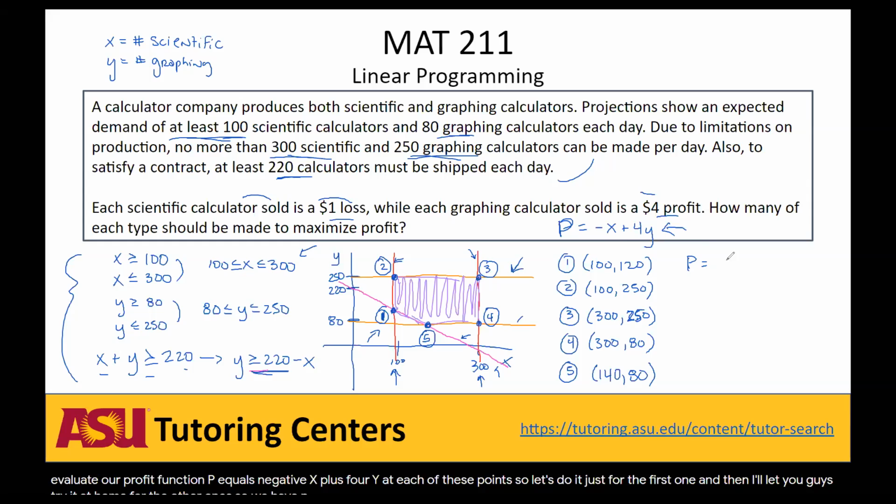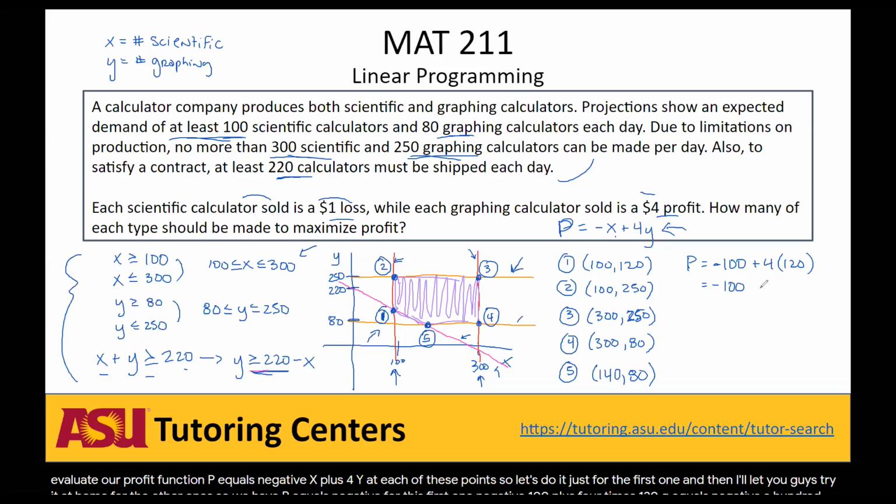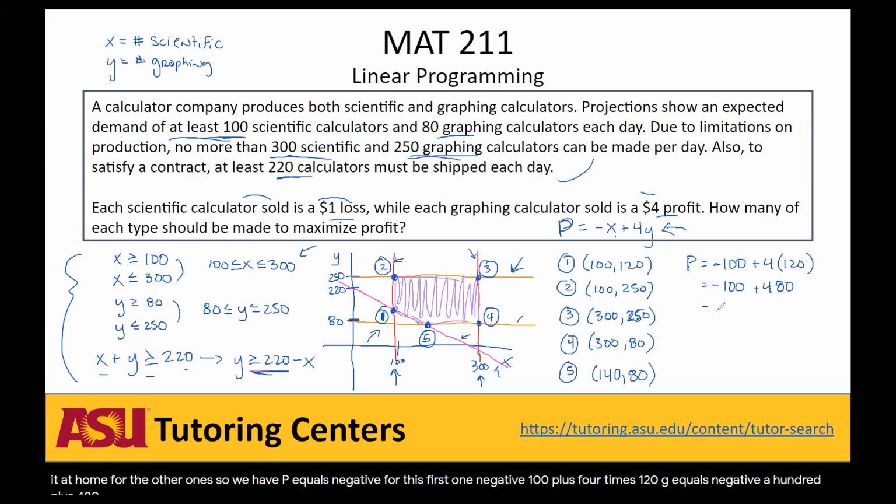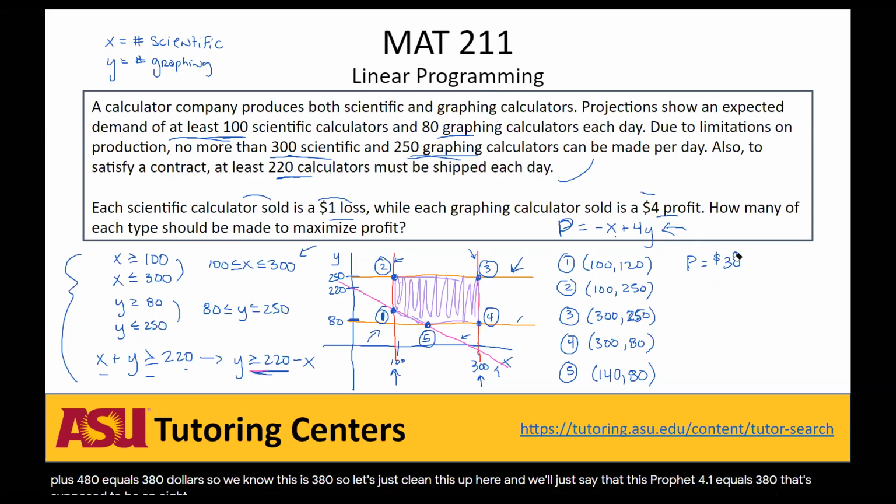For this first one, p equals negative 100 plus 4 times 120, which equals negative 100 plus 480, which equals 380 dollars. So the profit for point 1 equals 380.